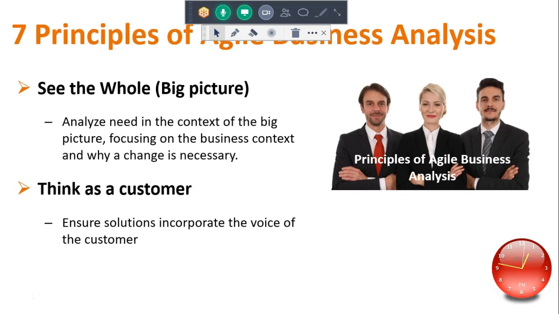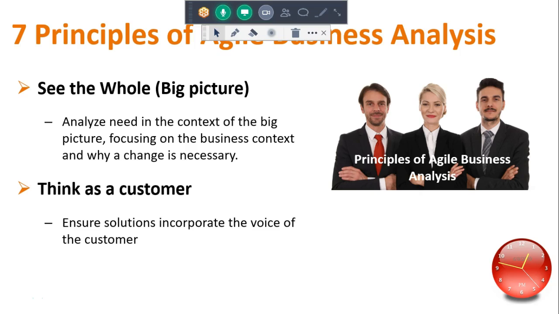Okay, now this is the other big thing that you're going to see a lot of over the course of this, and it is very core and key to the certification and to the whole process of agile business analysis, which are the basic principles of business analysis.